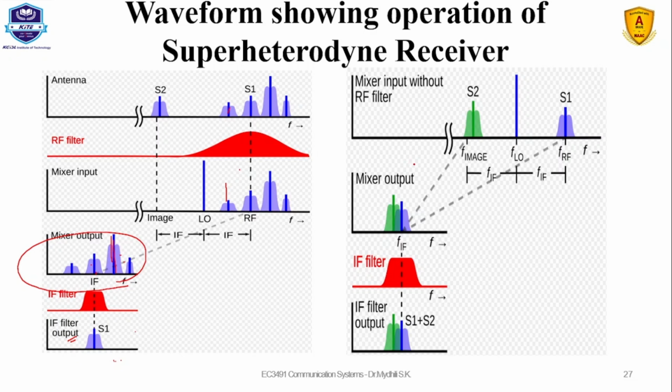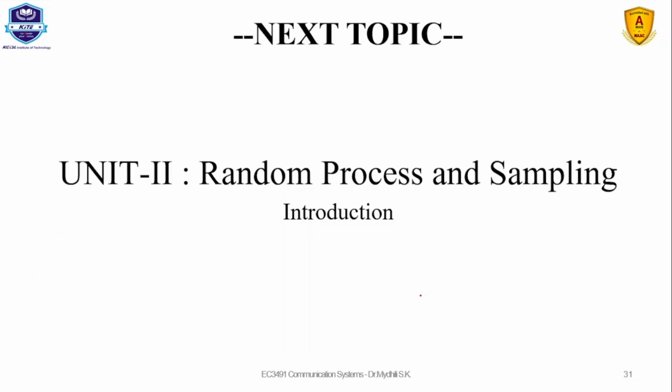Again, this waveform shows the mixer input without an RF filter. If there is no filter, you can see there will be overlapping of image frequencies. In order to avoid that, we go for this multiple conversion path.